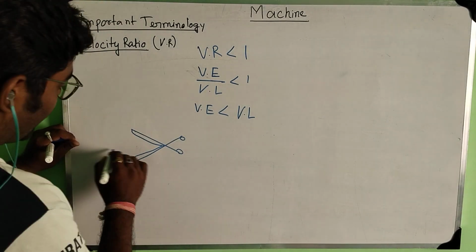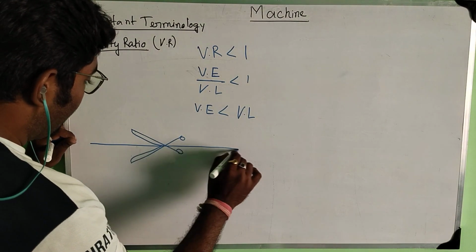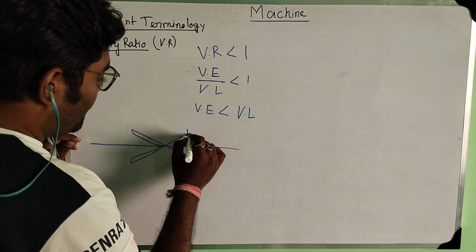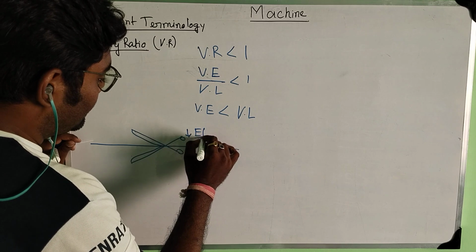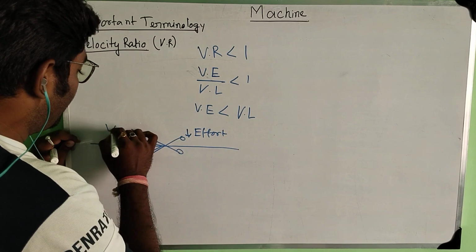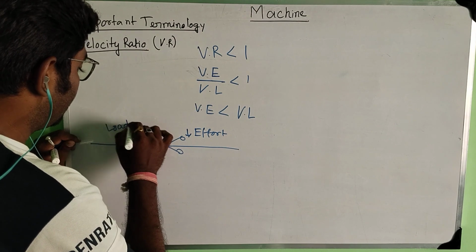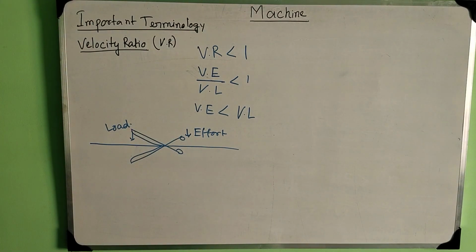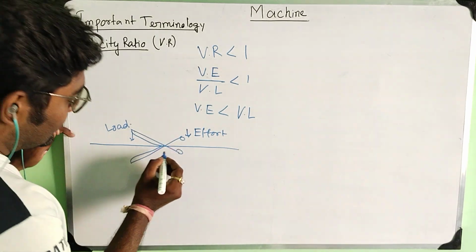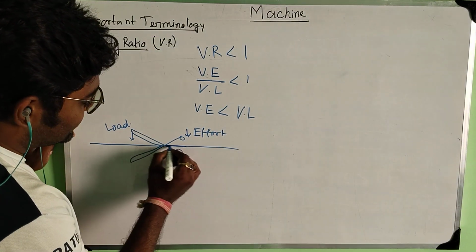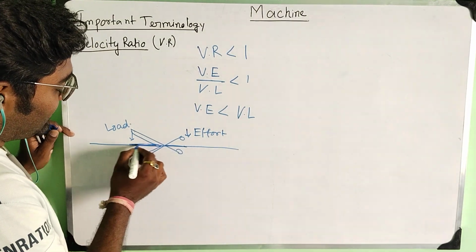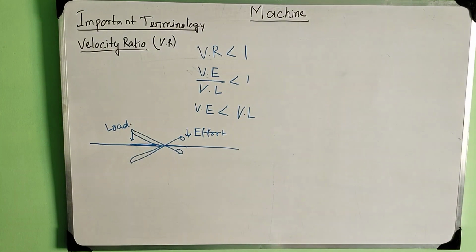Now see, if this is the page, this is the effort point and this is the load point. Now you will see, if I move the scissor like this, this is the distance of the effort that is moving, and this is the distance of the load that is cut.